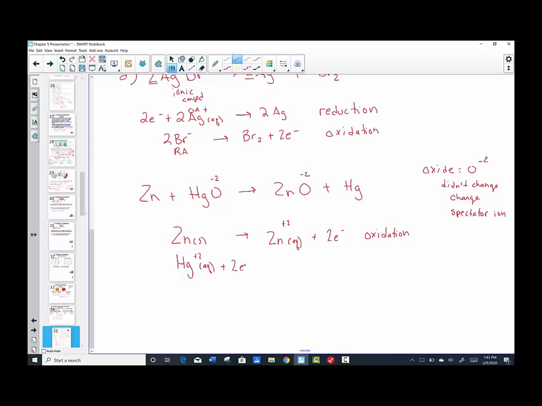It had to gain 2 electrons to form the elemental form of mercury, which is actually a liquid at room temperature. That's your reduction half reaction. If zinc was oxidized, it is the reducing agent. If mercury was reduced, it is the oxidizing agent. Oxidized and reduced are patterns of chemical change that show a transfer of electrons.